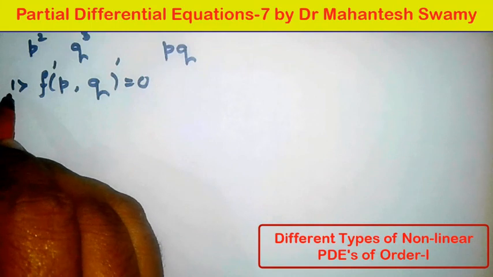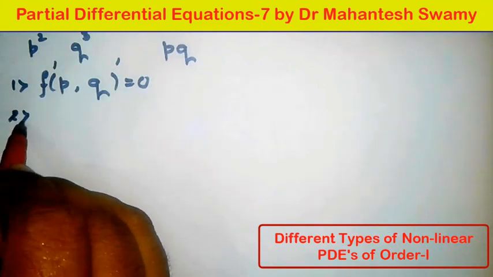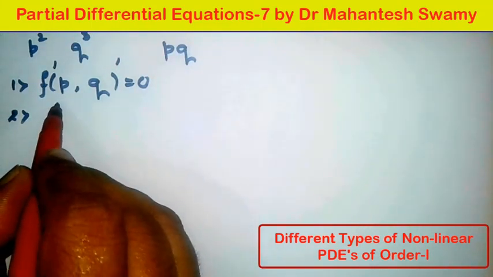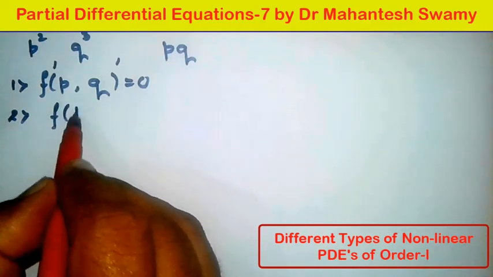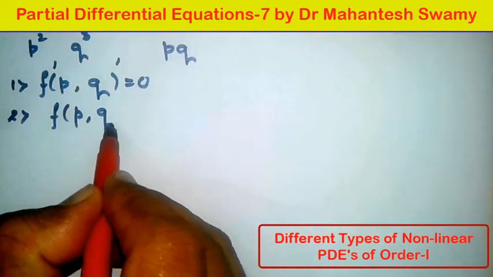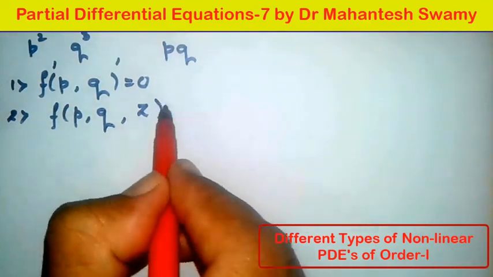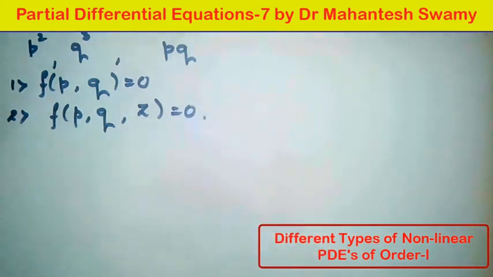Second, the partial differential equation which we consider contains P, Q along with the Z term. There will not be any X and Y term. So this type of differential equations will be discussed in the second category.